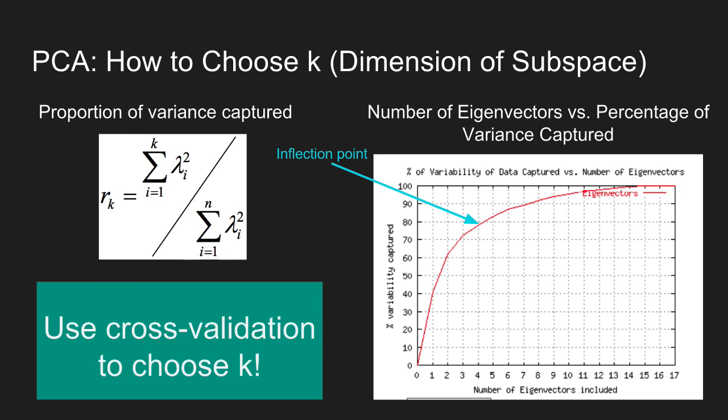It's the proportion of variance explained. On the top left, I have the sum of lambda i squared from 1 to k. I'm sorry, those are the k biggest singular values. I divide that by the sum of all the singular values, and that's the proportion of variance explained. Any questions on that?